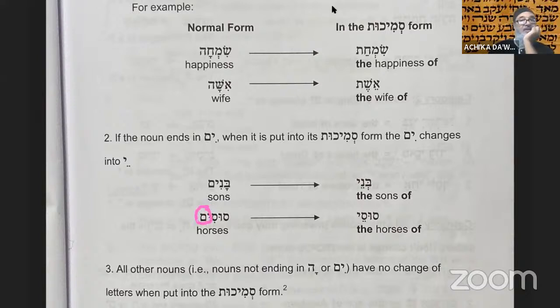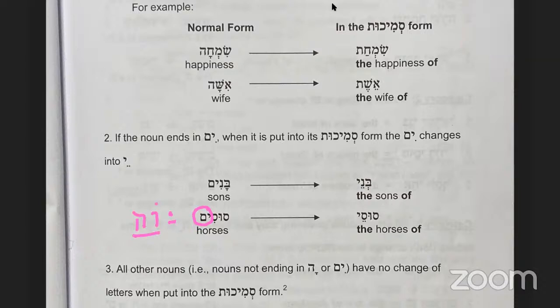If it didn't have this as masculine here and it had a vav and a tav on the end and it was an oat, the horses would then be what? Feminine.